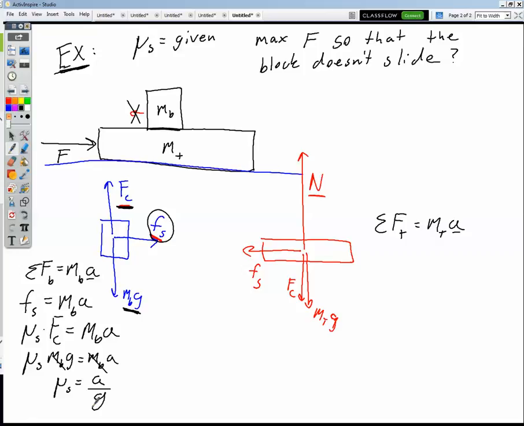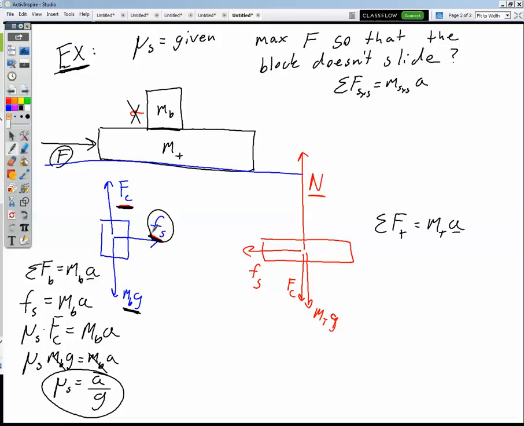Remember, we're solving for that coefficient, so we need to know the acceleration. So we're going to have to go back and look at the system as a whole. The sum of the forces on the system is equal to the total mass of the system times the acceleration. The only horizontal force acting on the system that we care about is F. The reason why?